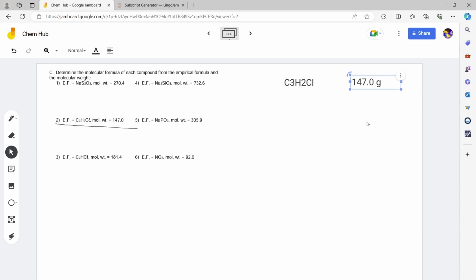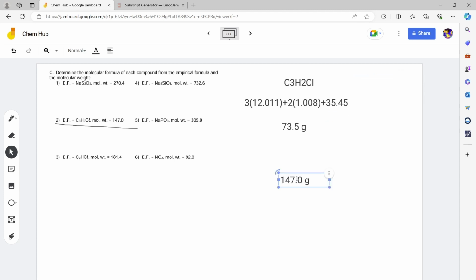So again, we're going to find the molar mass of our compound here, which is going to be 3 times 12.01 plus 2 times 1.08 plus 35.5. I'm just going to expand this really quickly. And this will give us our molar mass of the empirical formula, which is about 73.5.